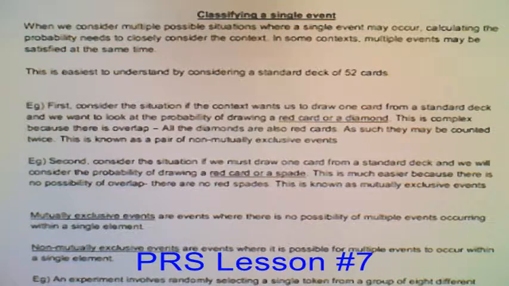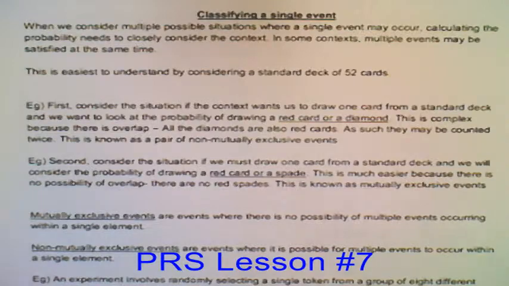Because there are no red spades, you get this idea that it doesn't really overlap. It doesn't end up satisfying both at the same time. This is mutually exclusive. Together, they don't overlap. They are standing out on their own. There's a red card, there's a spade card, and even though they're part of the same context, same question, same situation, they don't overlap. One excludes the other and vice versa.